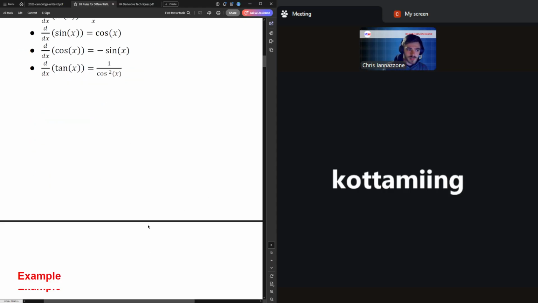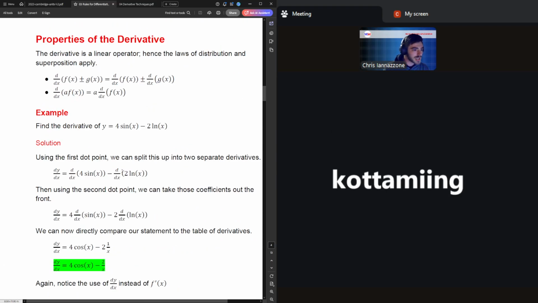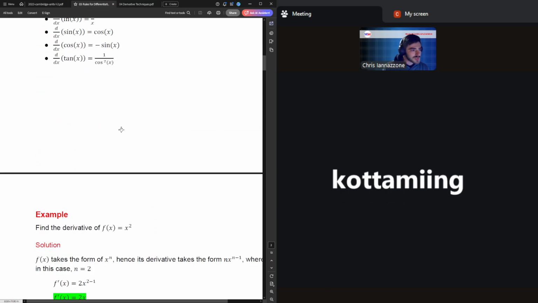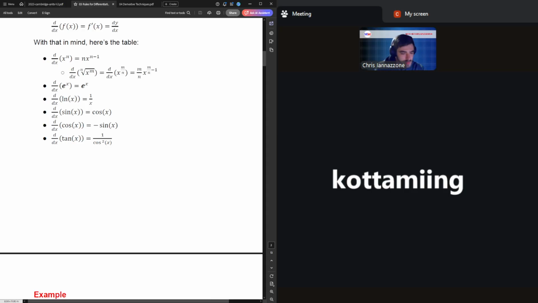Yeah, okay. Because if you can follow this kind of working out, like how you would split things up and make it easier to do derivatives, then all you ever have to do is look up on this table. In fact, I'll show you exactly what you'll get in the real exam. So let's see here. Exams 2024. Yeah, we'll get the most recent one.